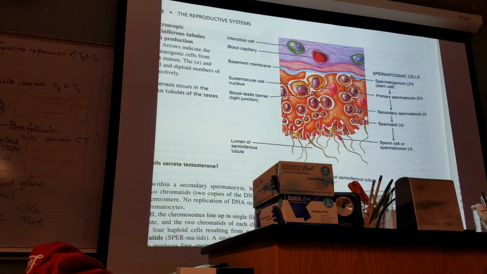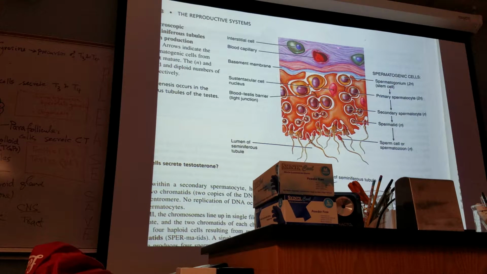Sertoli cell has so many functions, but it is also called a nurse cell. It secretes a hormone called inhibin. But what about testosterone? Testosterone is secreted by interstitial cells, also called Leydig cells.